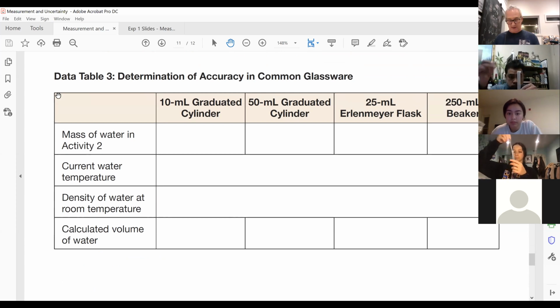So I'm going to see what I've got here. All right, 18.97. Awesome. So mine weighed 10.99 grams empty, and then I got 18.97 when it was full.